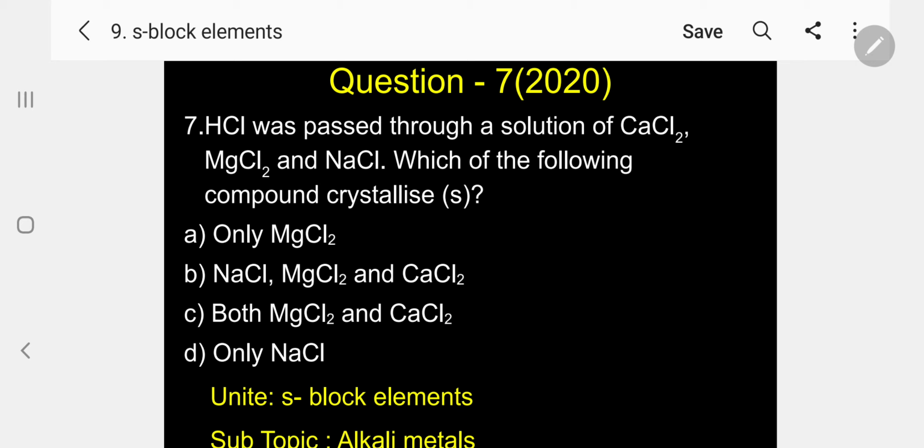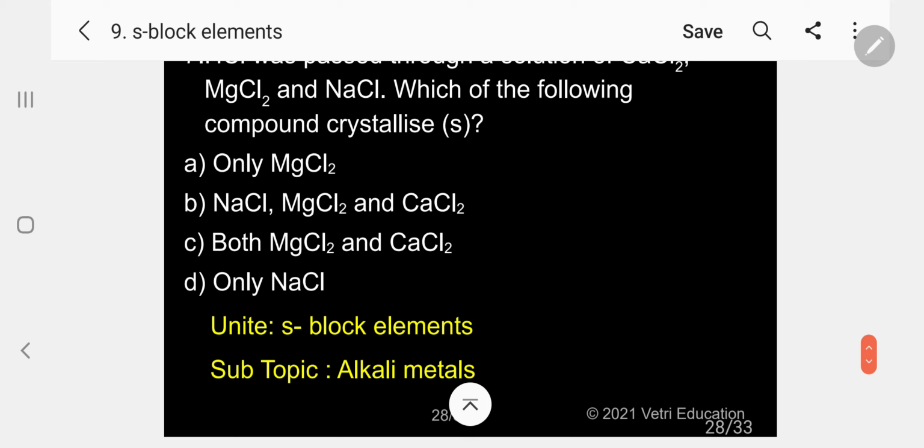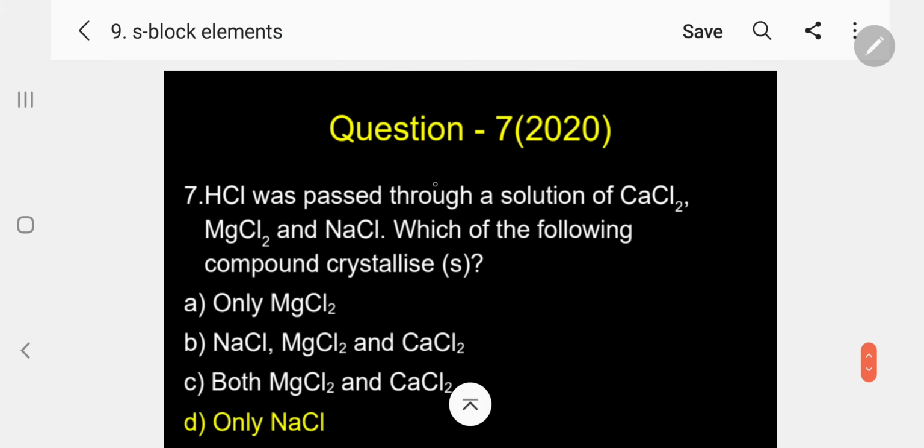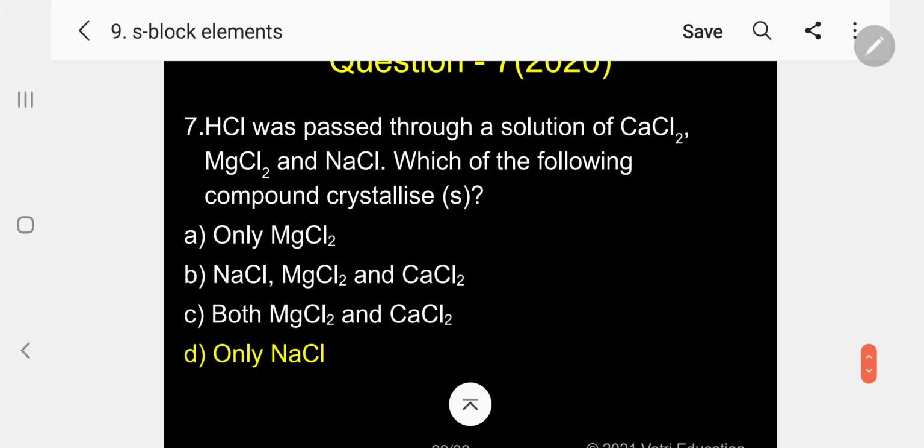It is the combination of alkali metals and alkaline earth metals, because sodium chloride comes in the alkali group, and magnesium and calcium come in the alkaline earth group. Let me come to the explanation. The correct answer given is only sodium chloride.